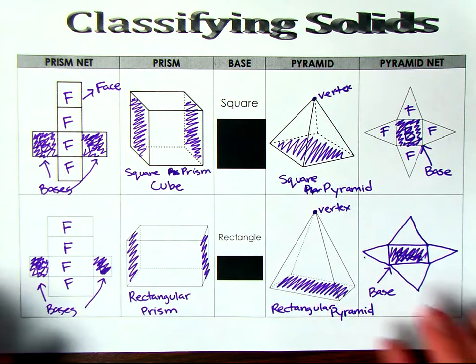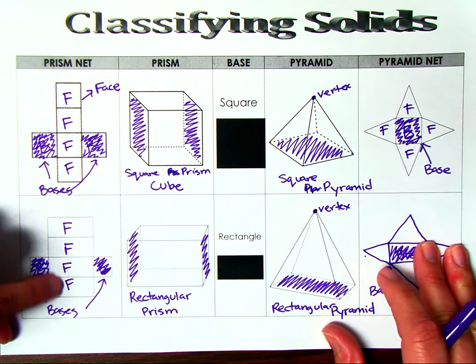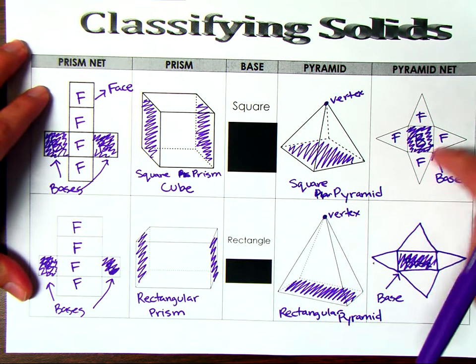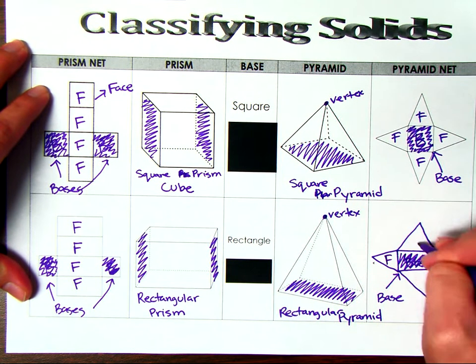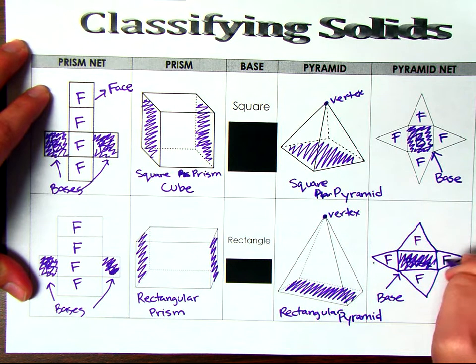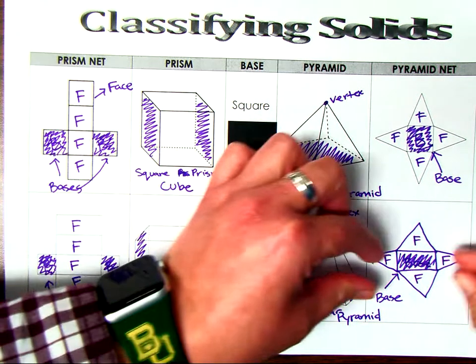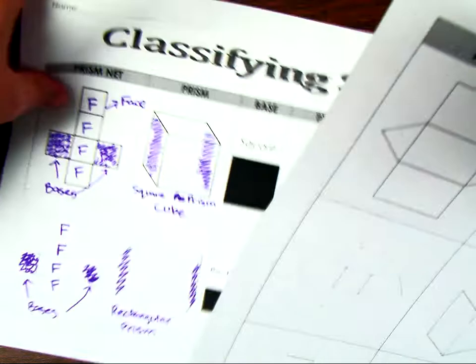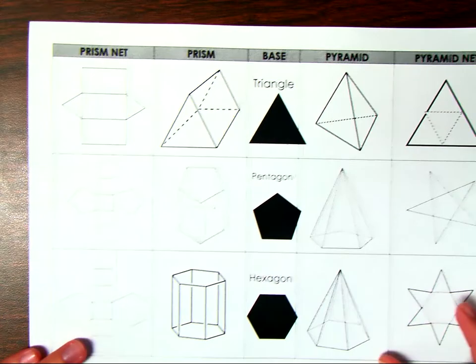Another thing that you might notice is all your faces in the prisms are rectangles, and all your faces in the pyramids are triangles. And the reason why that is, we're folding it up and we're meeting up at that vertex. Okay? So it's something to think about. The pyramid is always going to have those triangles as faces because they're folding up at that vertex. Okay? Alright, let's look at one more popular one, and then we'll get some things written down for us.